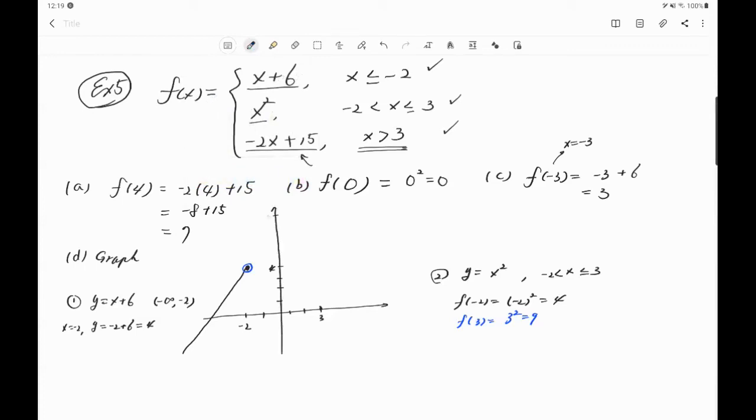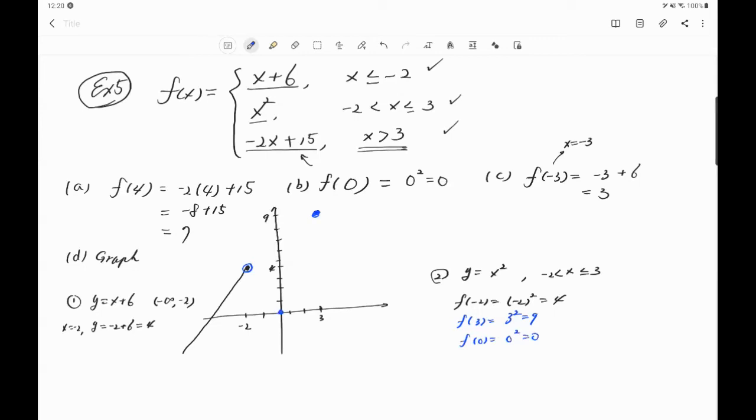Let's say this is 9. So 4, 5, 6, 7, 8, 9, over here. So this point is included. And then if x equals 0, then f of 0 is 0 squared, so it's 0, right?